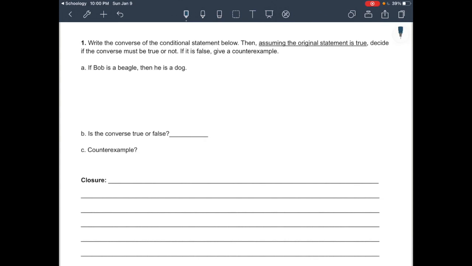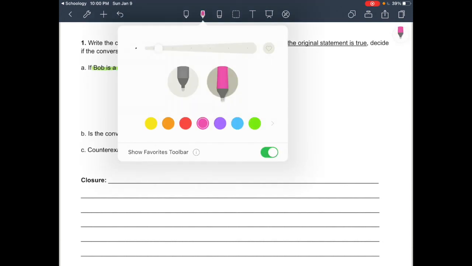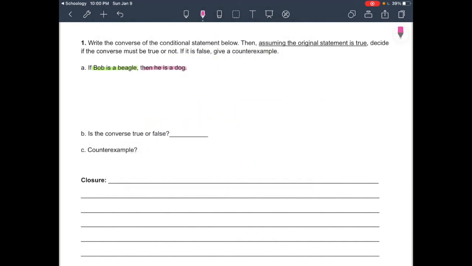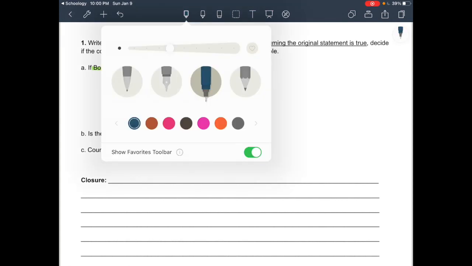So we're going to assume that if Bob is a beagle, then he is a dog. And then we are going to write the converse of the sentence. This is where sentence structure is really important, because if I'm writing this sentence as the converse, I'm going to write this in red.